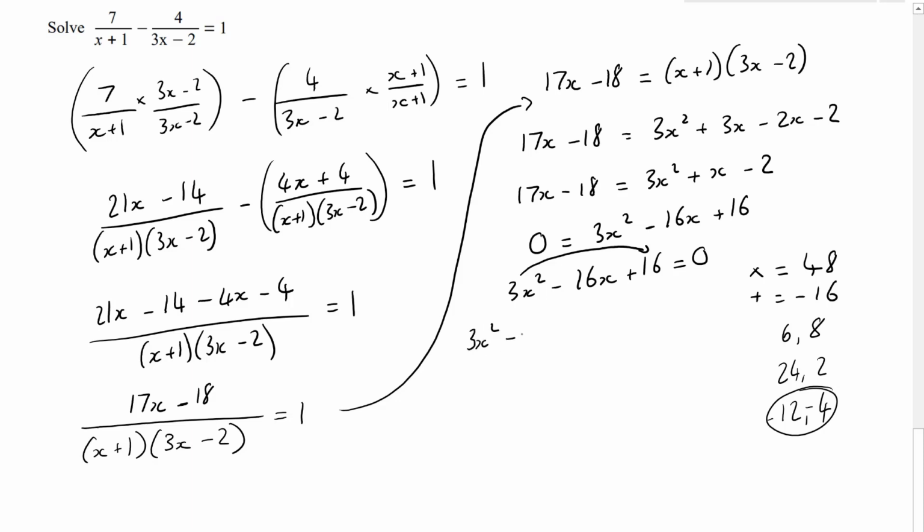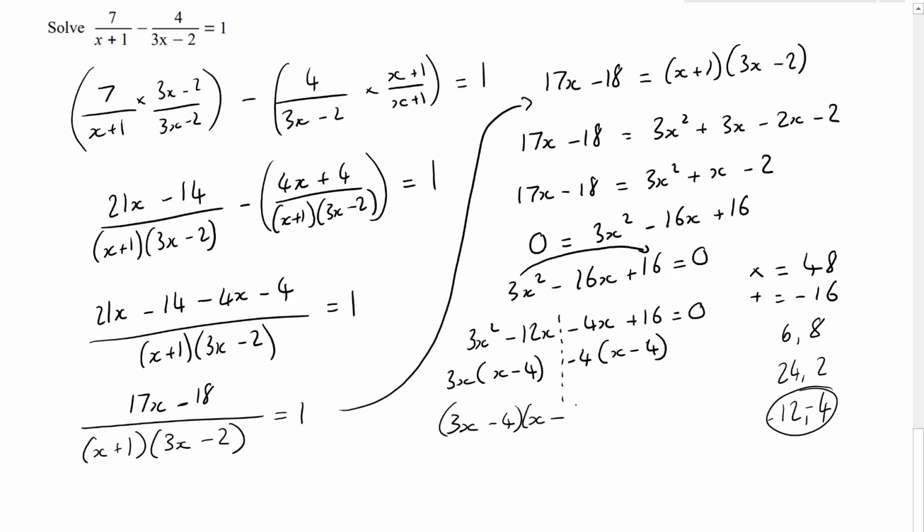So we're going to have 3x squared minus 12x minus 4x plus 16 is equal to 0. I factorize down the middle here. On this side I can pull out a 3x, and this becomes x minus 4. And on this side I can pull out a minus 4, and that's going to become x minus 4. This becomes 3x minus 4 multiplied by x minus 4 is equal to 0.